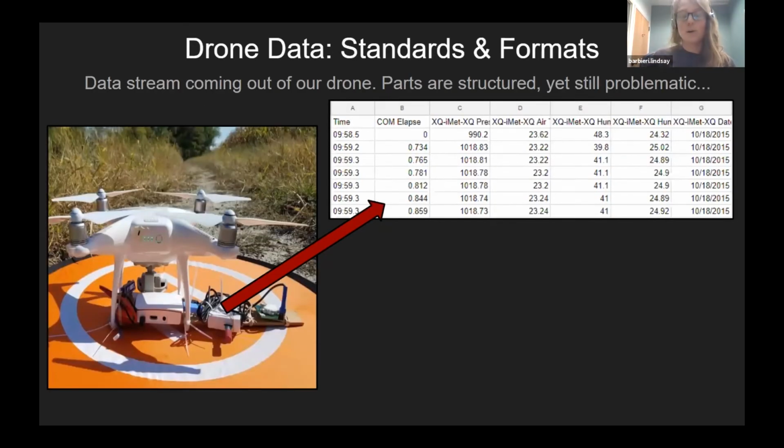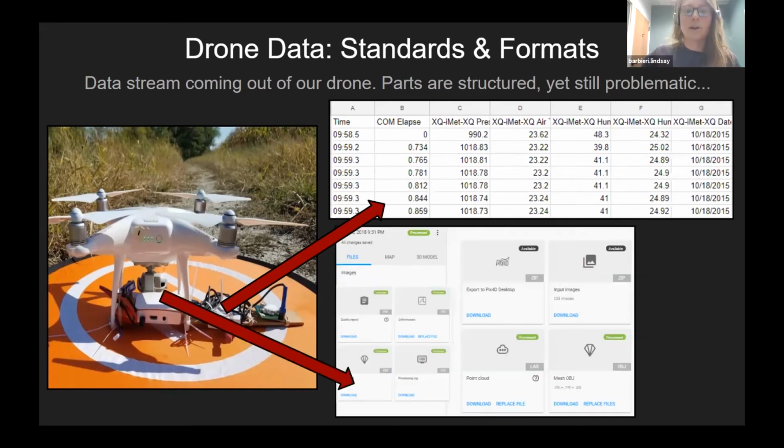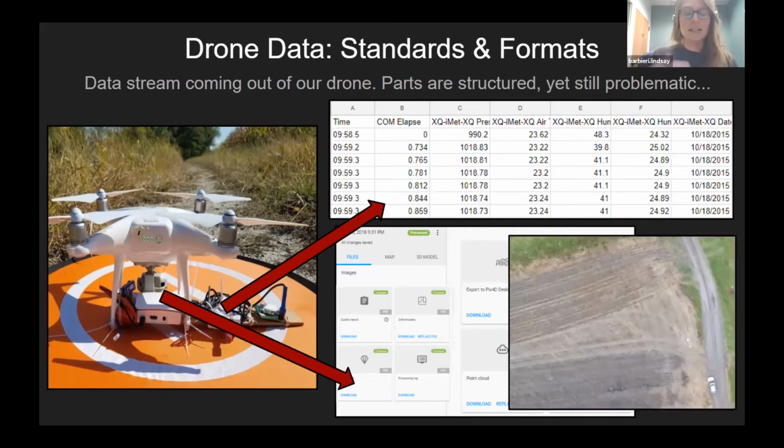I just wanted to highlight some of my work with drones. There are different data streams coming out of a drone platform. We can have different sensors hooked up here. We have an atmospheric sensor that's giving us a CSV file of different data. We also have cameras that are giving us a variety of imagery data sets, and all of these could be potentially useful, and yet right now there isn't a whole lot of standardization about how data is described and the formats that it arrives in.